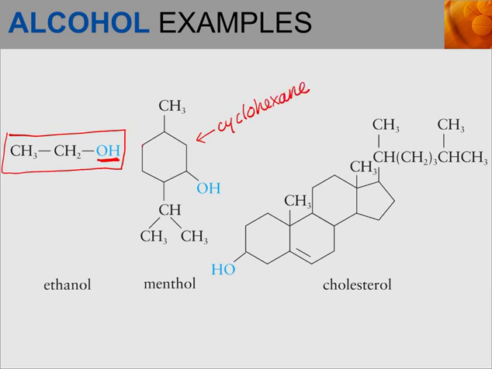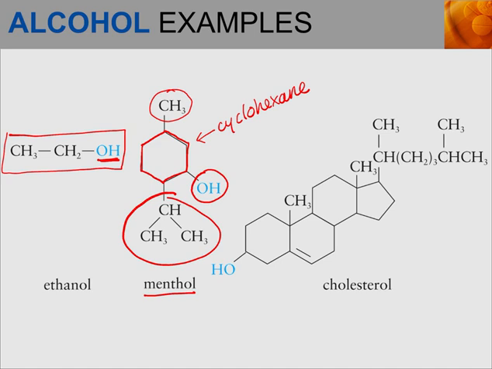So that's our 6-membered ring in the middle there. And then it has a methyl group on top, our alcohol group kind of down to the right, and an isopropyl group on the very bottom. But what's nice is we can just simplify that whole thing and call it menthol instead of having to name each of the different groups that are attached.